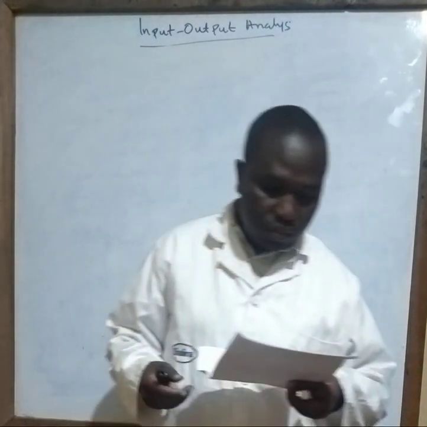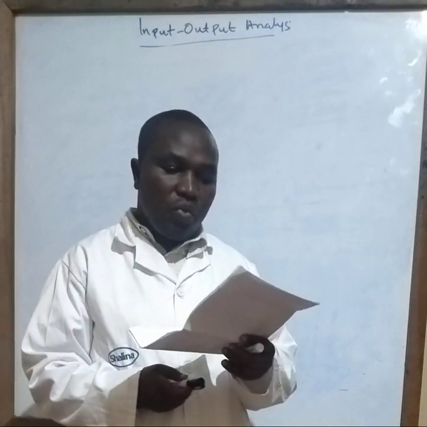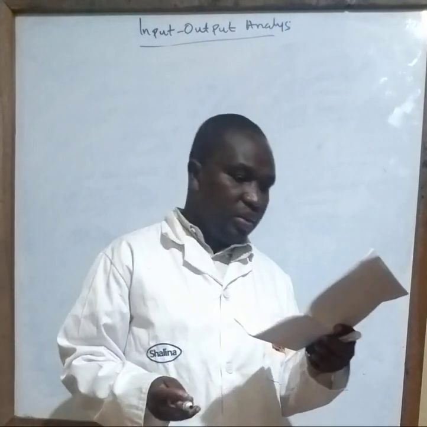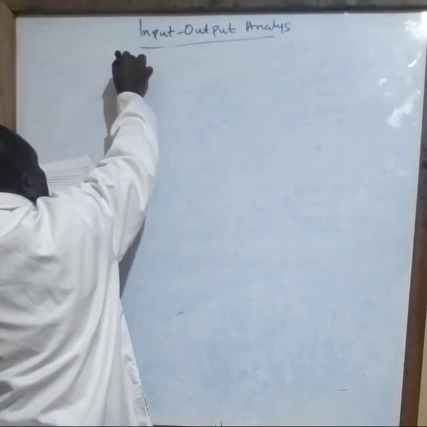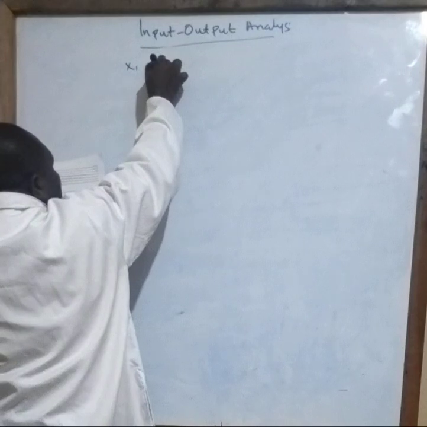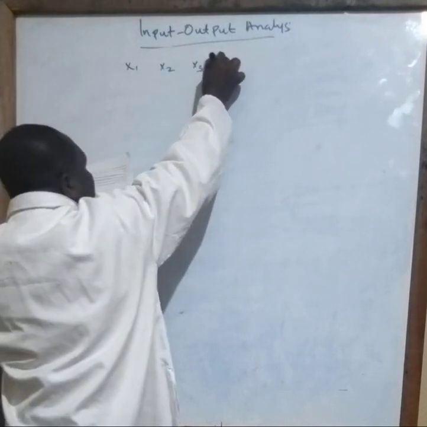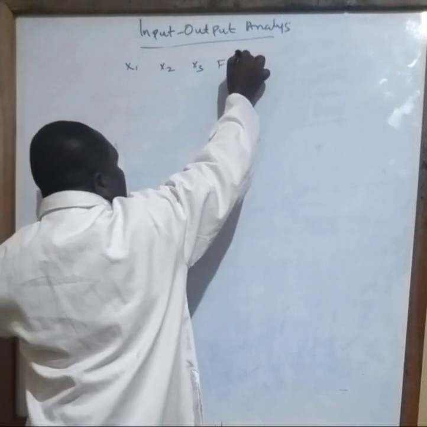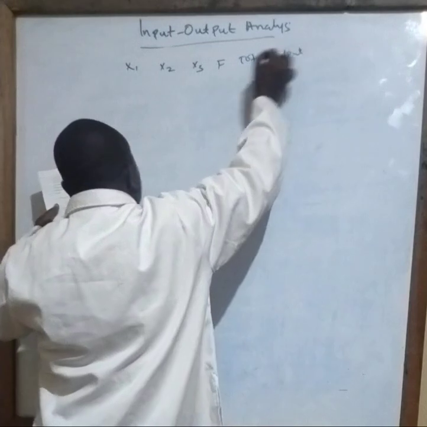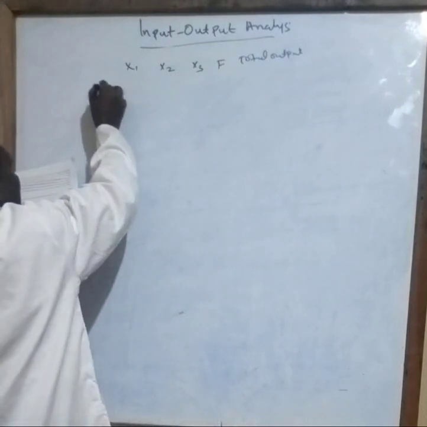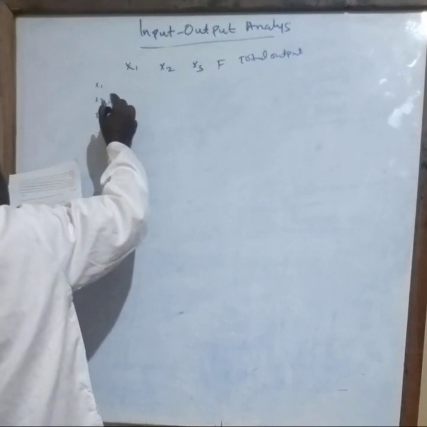Question 1. The following is the input-output table for 3 industries. So we have X1, X2, X3. We have F here. Then we have the total output. We have X1, X2, X3.